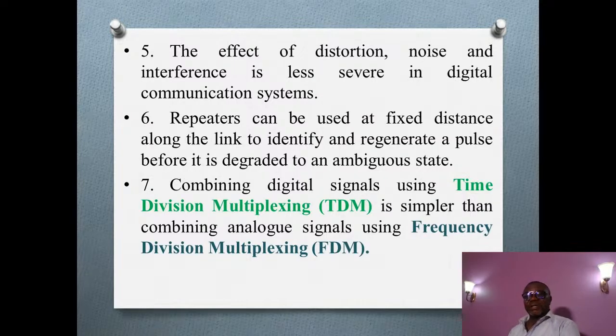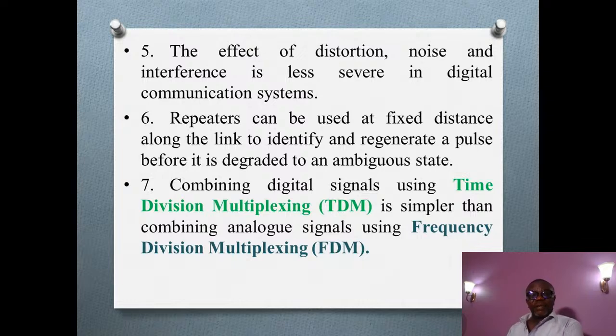What we are saying here is for analog systems, you can also have repeater stations, but you may not be able to regenerate the signal completely if it has degraded so much. Now, if it is a digital system, the pulse, that is the digital signal, can very easily be regenerated and you recover the exact information that is being transmitted.